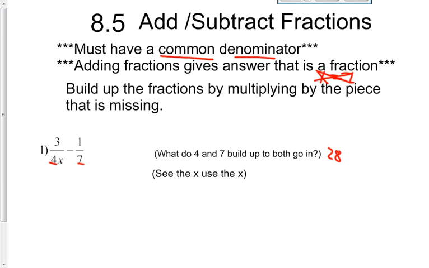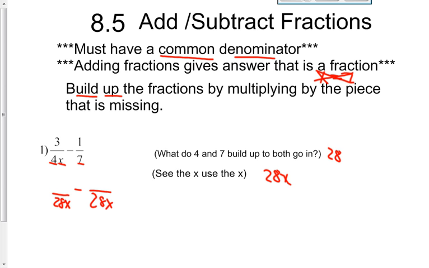So I know I'm going to have at least 28 in my denominator, and I have an x here, so every time I see an x, I have to use the x. So I'm thinking that my common denominator is going to be 28x. So if I rewrite this fraction as something over 28x and something over 28x, then I need to do the build up part.